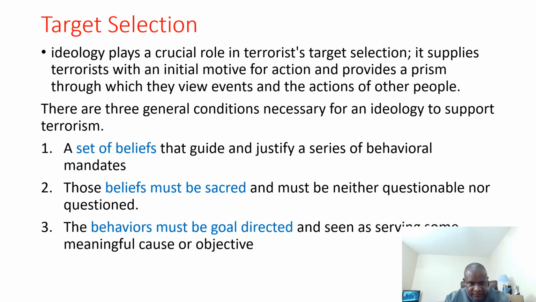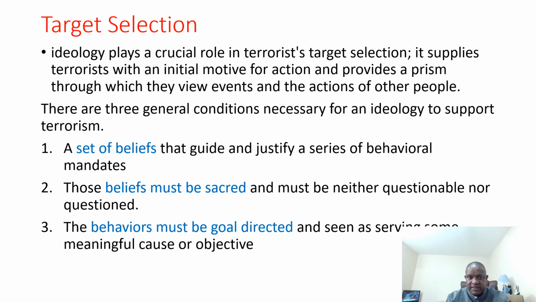Target selection. Ideology plays a crucial role in terrorist target selection. It supplies terrorists with an initial motive for action and provides a prism through which they view events and the actions of other people. There are three general conditions necessary for an ideology to support terrorism. A set of beliefs that guide and justify a series of behavioral mandates.